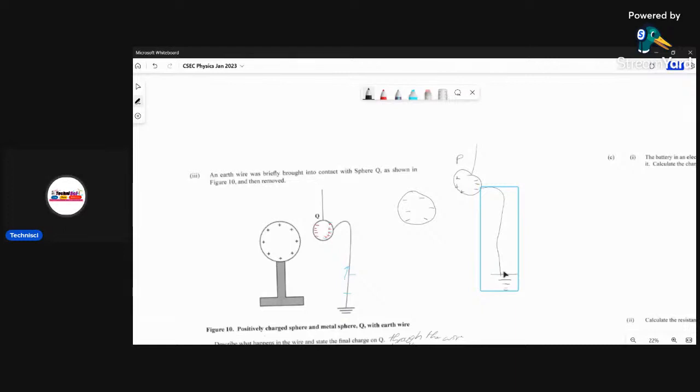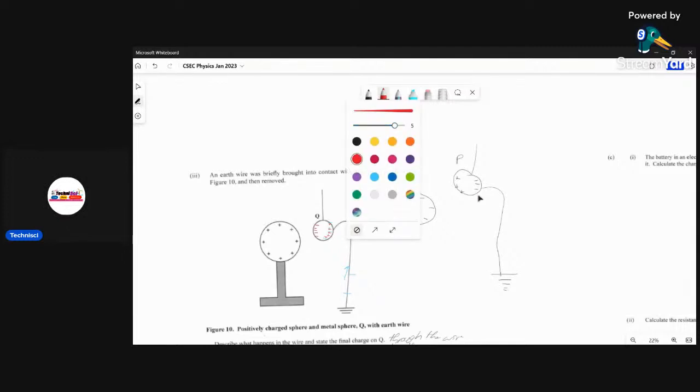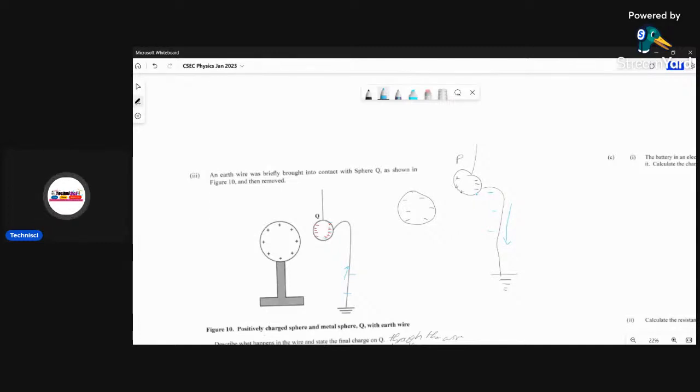It will leave P because this side of the sphere that the wire is connected to has an excess of electrons. So these electrons are going to go down to Earth because they're going to be seen as excess.